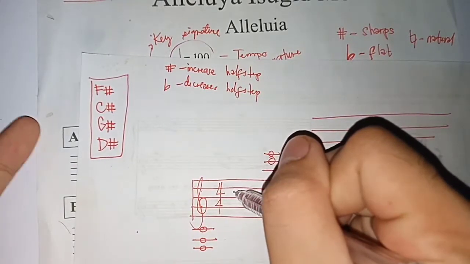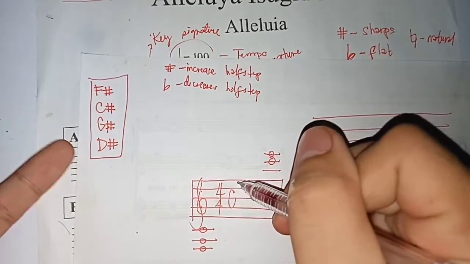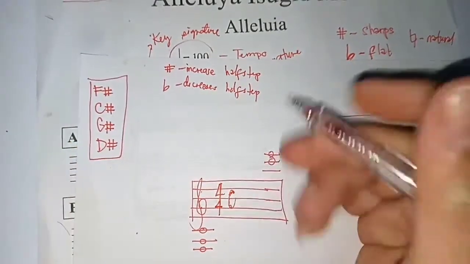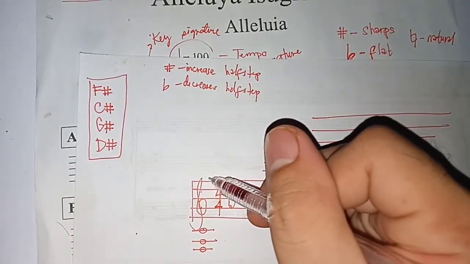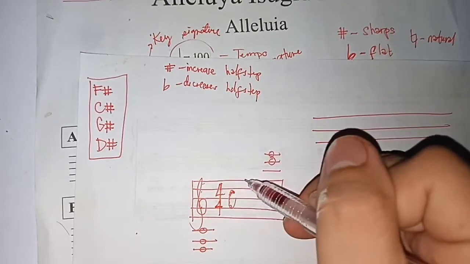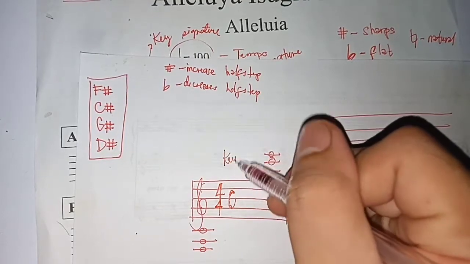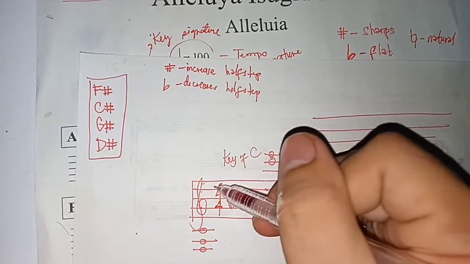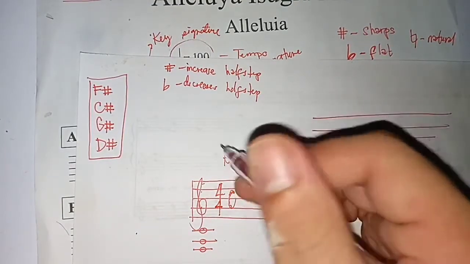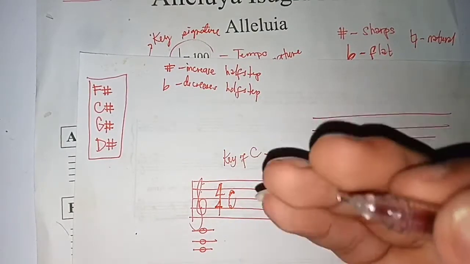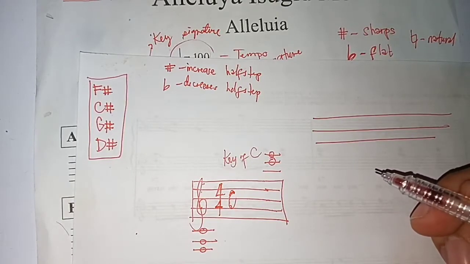Just this one, 4/4. It means there are no sharps and flats, so just plain. It means this is in the key of C. So all the pitch names don't have a sharp and flat. So just pure pitch names.